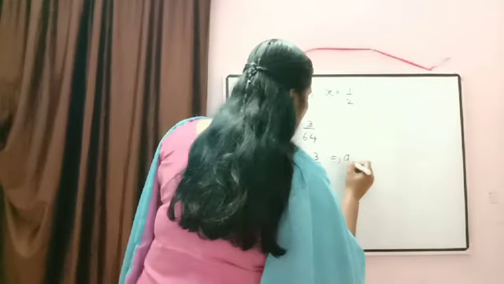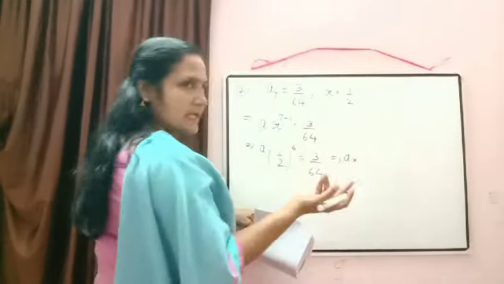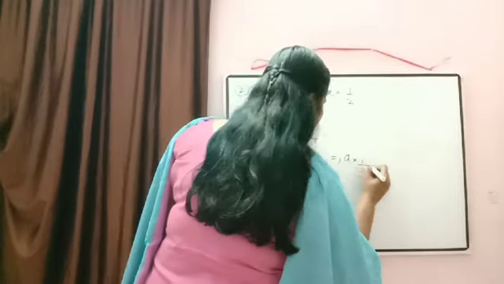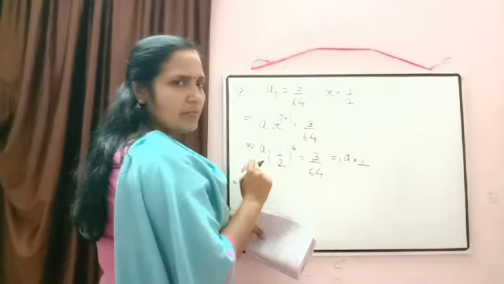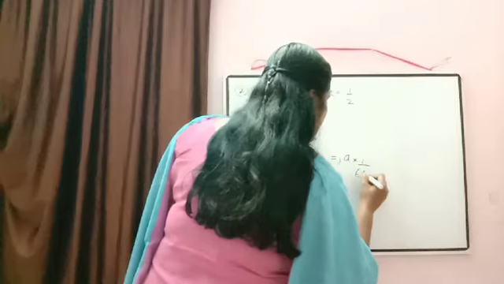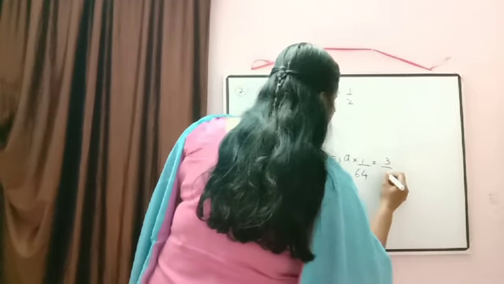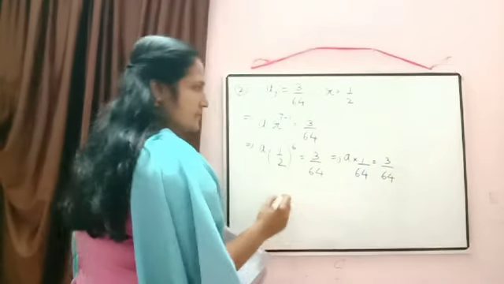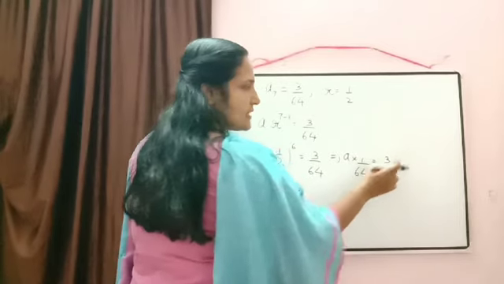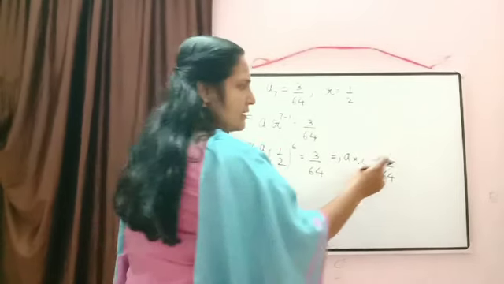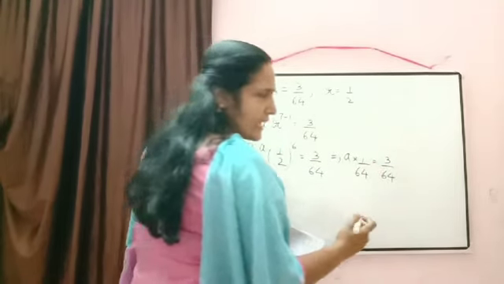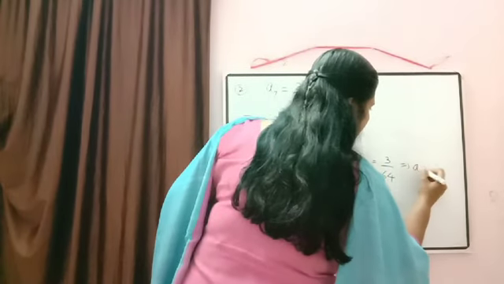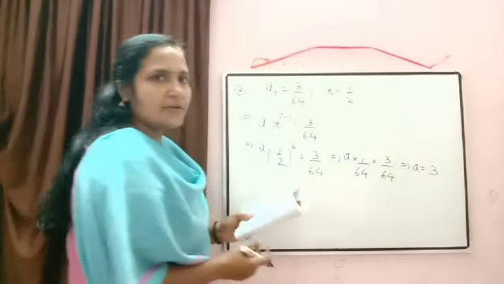So it is A into 1 by 2 raised to 6. 2 raised to 6 is equal to 64. So A by 64 is equal to 3 by 64. Now if I shift 64 to the right hand side, 64 and 64 get cancelled. So we can write the answer directly: A is equal to 3.